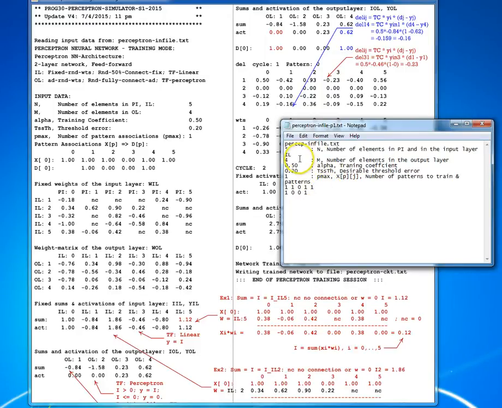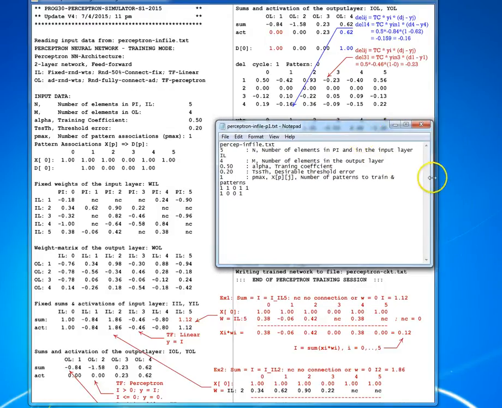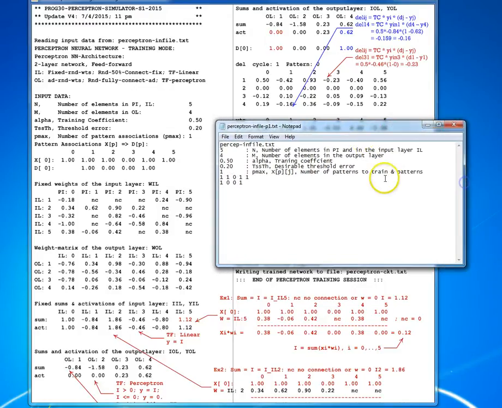It is the input layer perceptron network input file. You need to specify the number of elements in the primary inputs, and also the input layer, which in this particular case is 5. Then you need to specify how many elements you have in the output layer, which in this case is m.